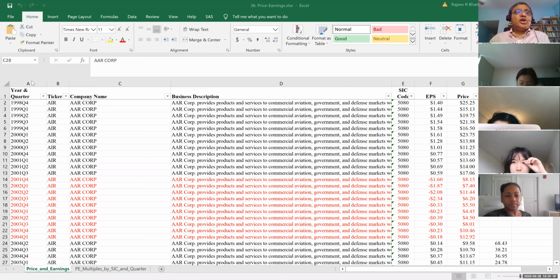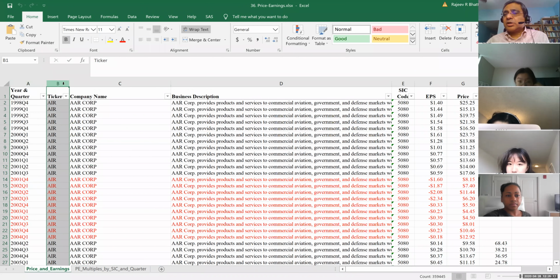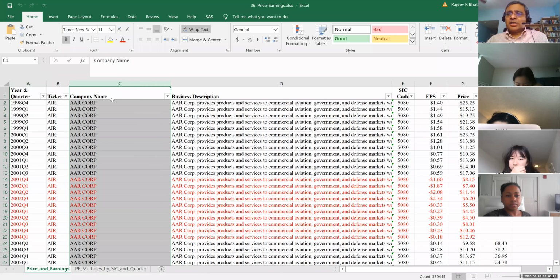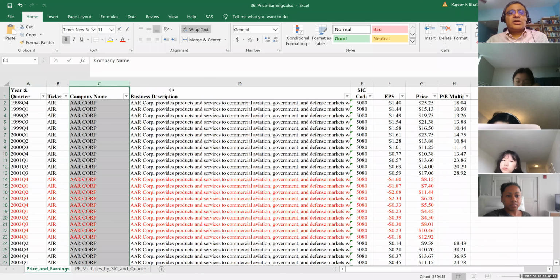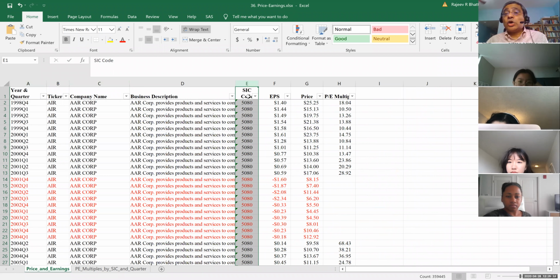It takes the year and quarter. Column B is the ticker. Column C is the company name. Column D is a business description. I'm going to shorten it. E is the SIC code, which we have discussed numerous times, the standard industrial classification.